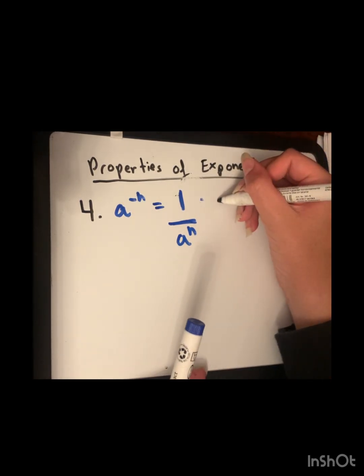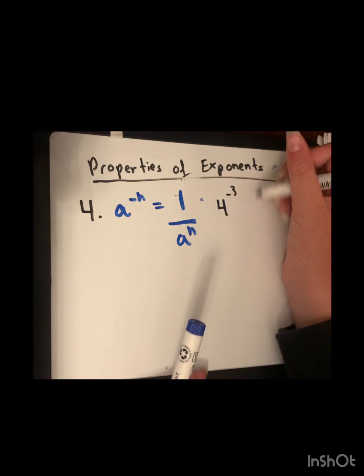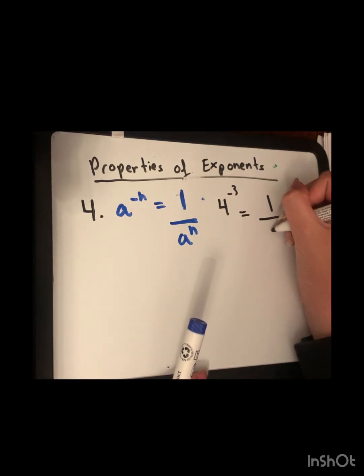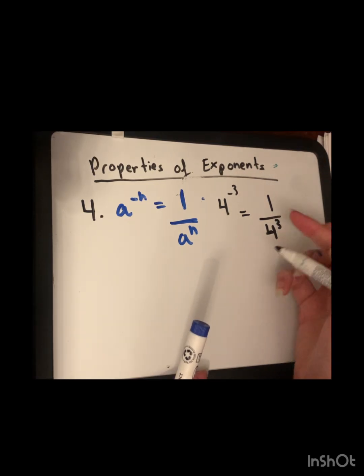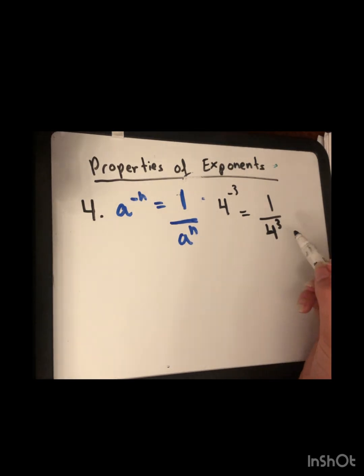If you have, like the one I showed you, 4 to the negative 3, what you would do is 1, and then here 4 to the 3. You take away the negative by putting it as a denominator, and your teachers are going to want you to put this as your denominator. So this is how it would look like.